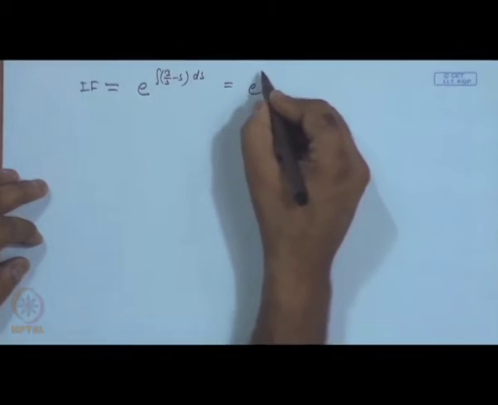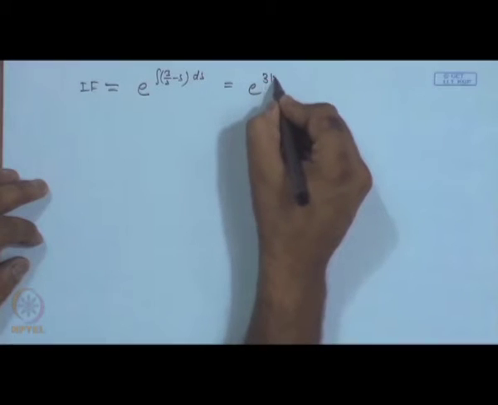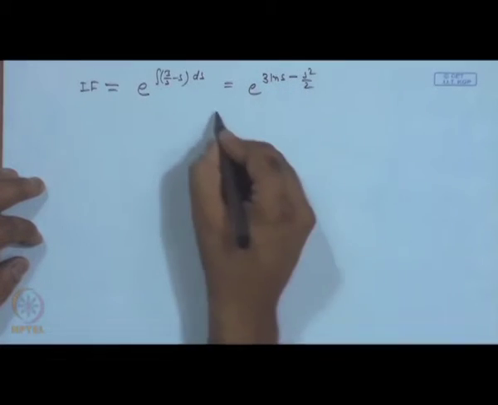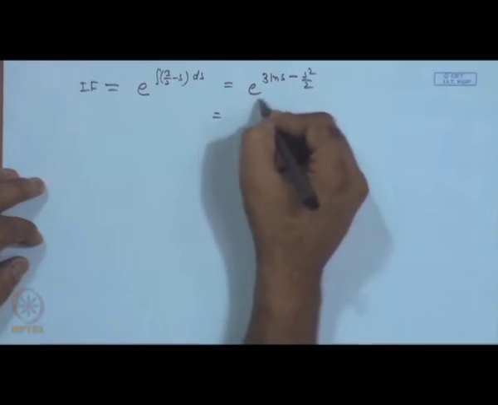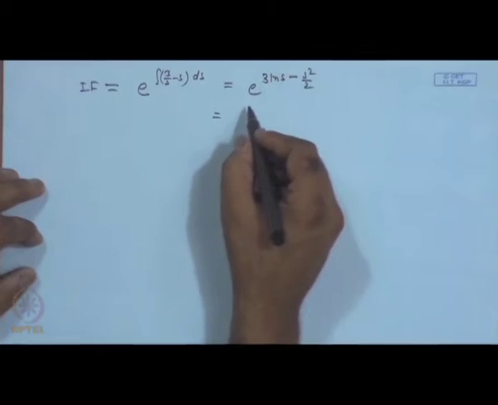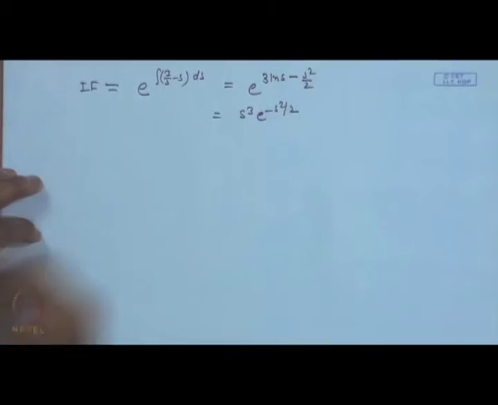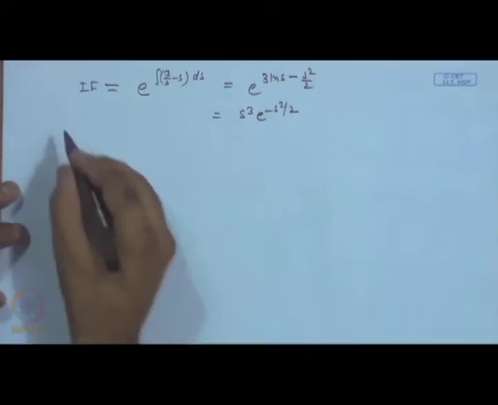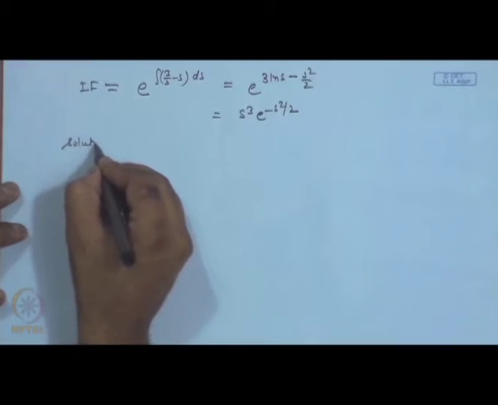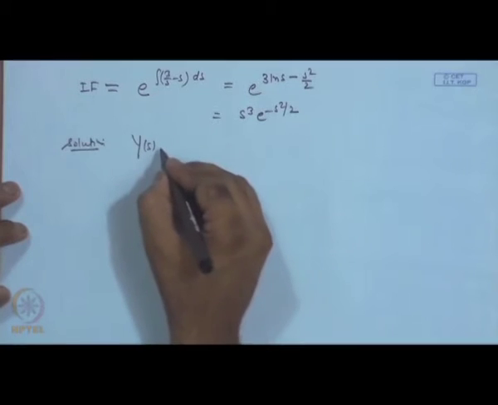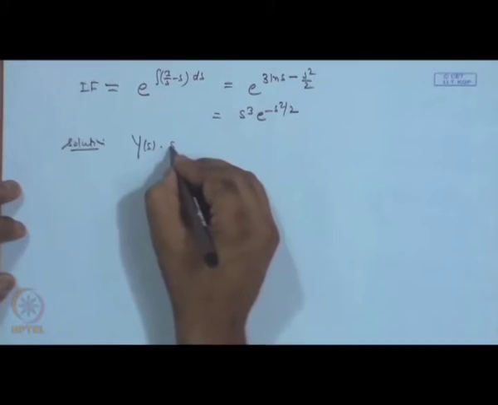So, e power 3 ln s minus s square by 2. Here we can again simplify, this will be just s cube and e minus s square by 2.